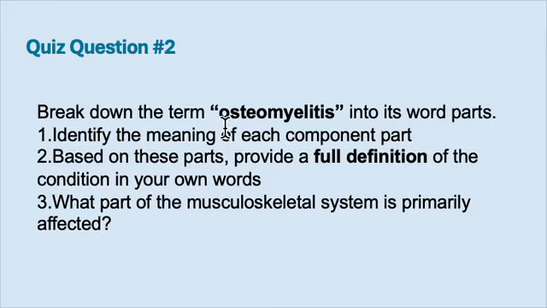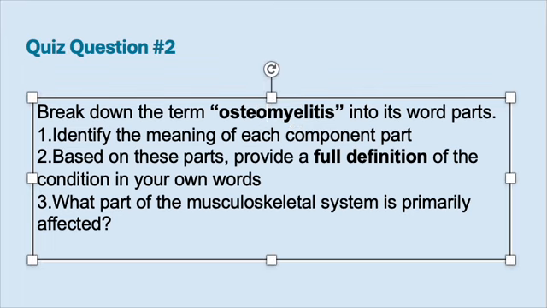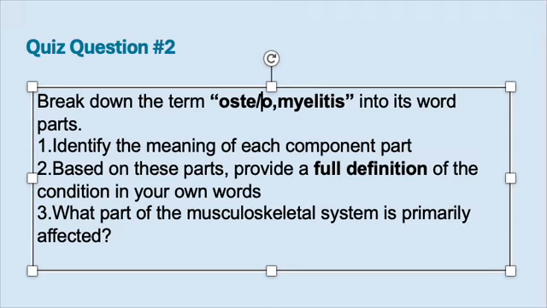Now, if we look at the word osteomyelitis and we start at the beginning, we see osteo and then myel. So we're seeing two unique components of this word, right? So the first one that we can identify is osteo. And there's the combining form there, osteo, with that combining vowel O. This is referring to bone.